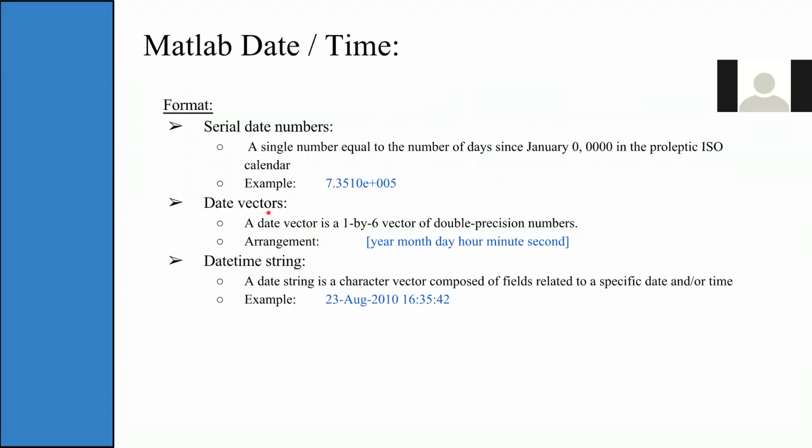We have date vectors, which could be a 1×6 vector of double precision numbers, meaning the first will be your year, month, day, hour, minute, and second. So this will give you actual values that you can perform calculations on if that's what you needed. Or a date string. This is kind of how you would rather present the data. It's easier to interpret, but it's not easier to perform calculations on or time between two dates or two periods.